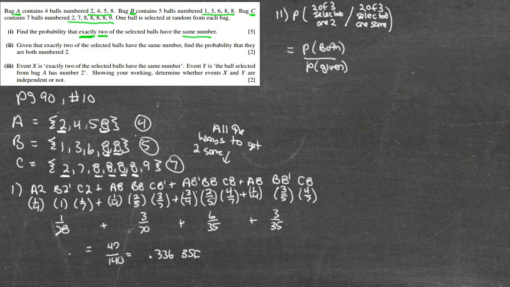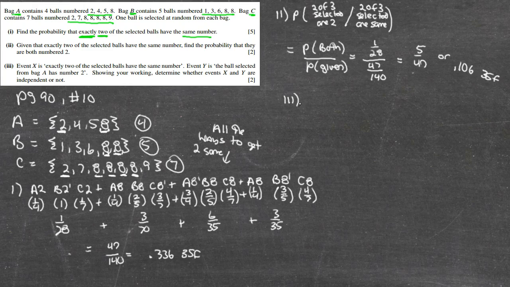Only one of these scenarios involves 2s, so we know that probability: it's 1 over 28. And we also know the probability of 2 of the 3 balls being the same, because we figured that out in part 1. That's 47 over 140. So if I divide, I get 5 over 47, or 0.106 to 3 significant figures.